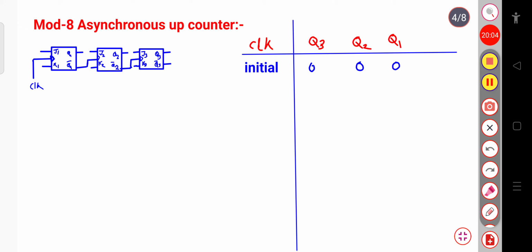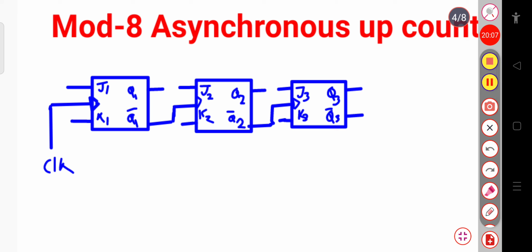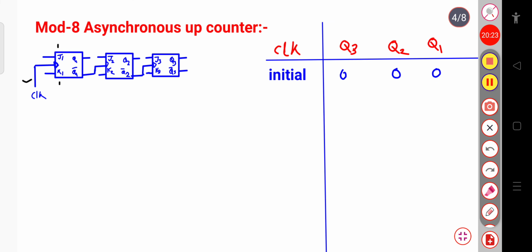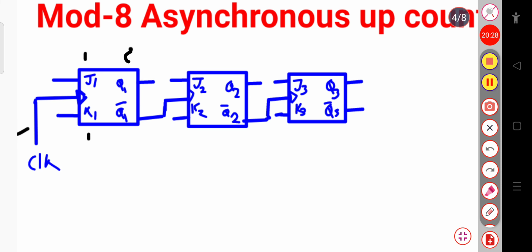In the first condition, J1 is given 1 and K1 is given 1. When the clock pulse is given, the Q1 value, which is initially 0, goes to 1 because of toggling, so Q1 bar goes to 0 because of its complement.